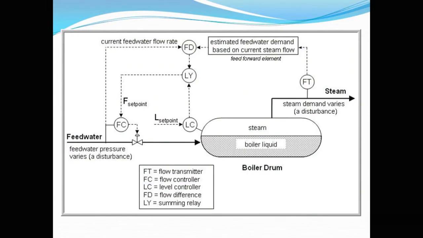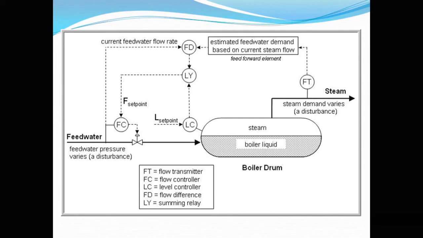This schematic shows a typical three element control for a drum level. You have boiler feed water coming in and the level of the drum changes, and there is a steam output flow measurement also. So the water flow to the drum is adjusted both by the drum level as well as by the steam production.